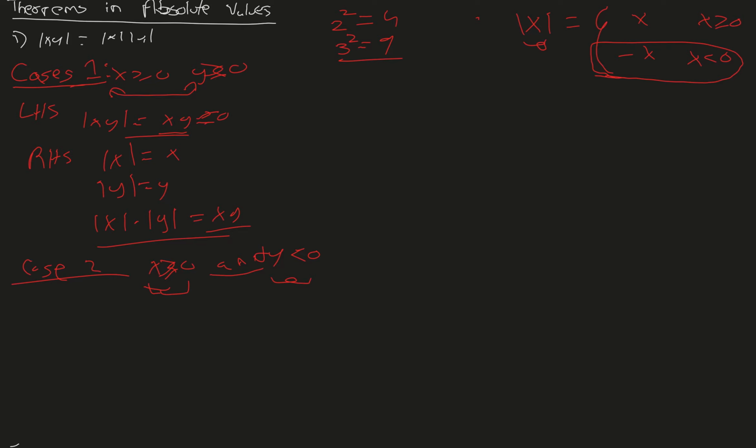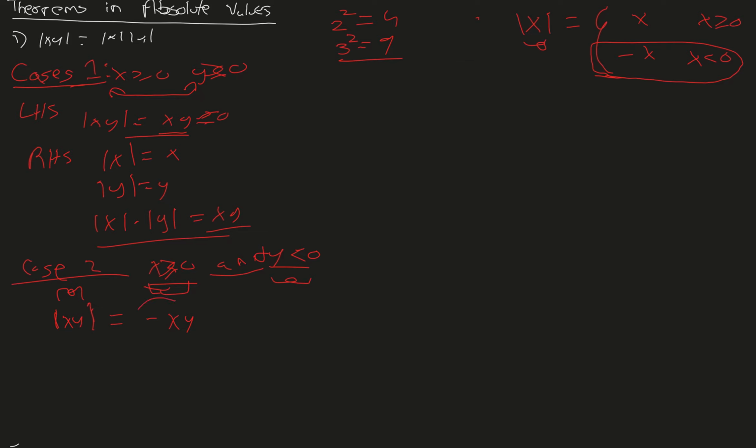So we get the modulus of xy. Remember, this xy is negative because y is less than 0 and x is greater than or equal to 0. So we take the negative of xy, the negative of the negative value of xy, which is positive.